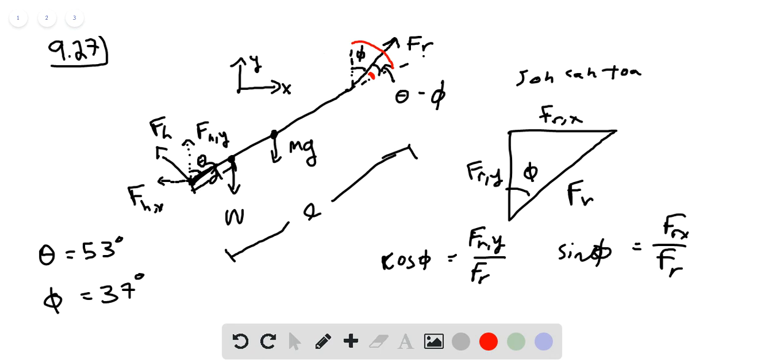Whenever the triangle is flipped, in the way that this top one is, you may end up with some weird trig stuff, like a sine going with x and cosine going with y. So you just have to be wary of those kinds of things. This is how you'll set up the triangle, with phi at the bottom left corner of the triangle and FR as the diagonal.